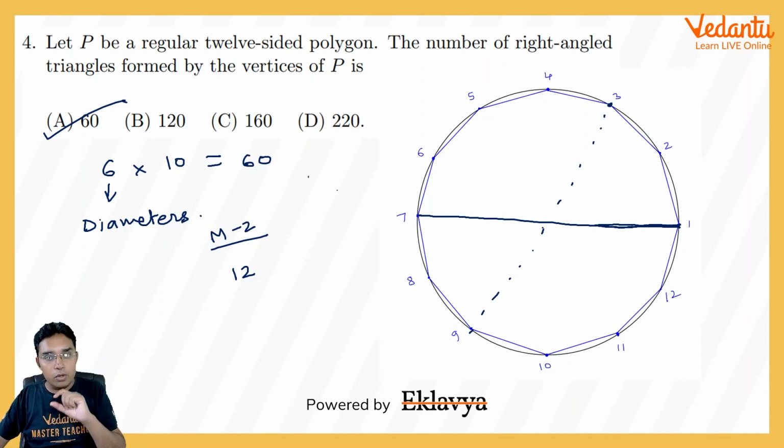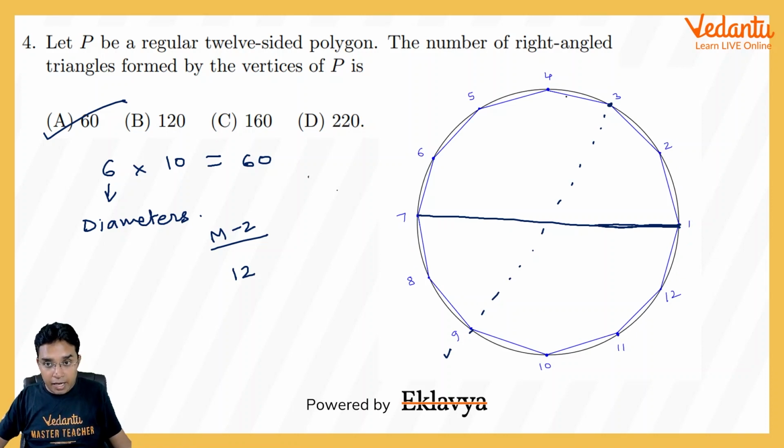So if 3 is to be the vertex where the angle will be 90 degree, then I will not choose the remaining vertex as 9. 3 is already chosen. I will be choosing from 4, 5, 6, 7, 8, 10, 11, 12, 1 or 2.